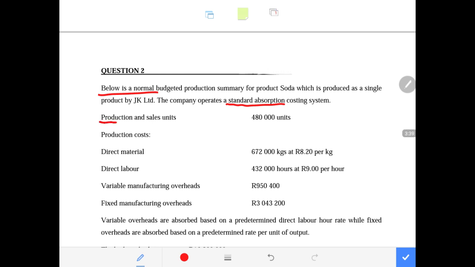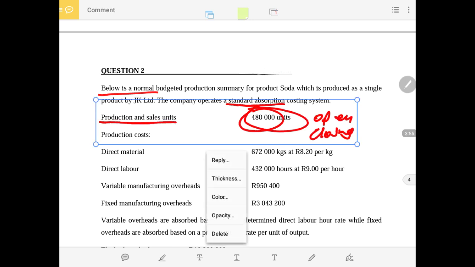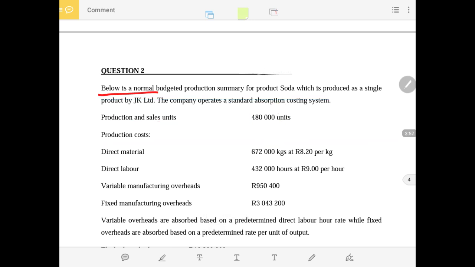We are given our production and sales budgeted as 480,000, meaning there is no opening and there is also no closing inventory, because what we plan to produce is what we plan to sell, all of it. So now budgeted production is equal to budgeted sales.